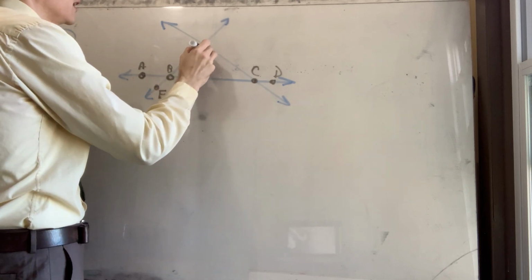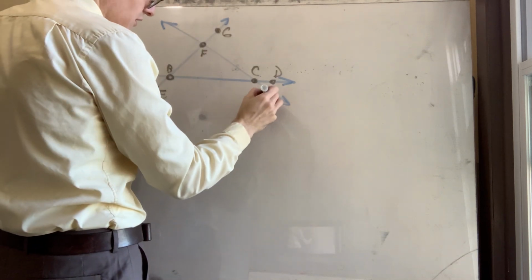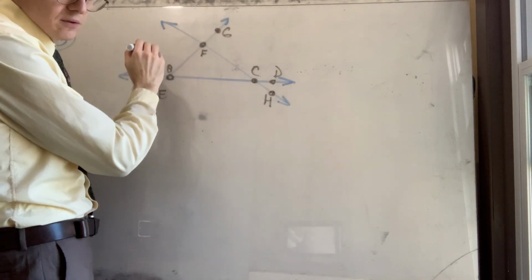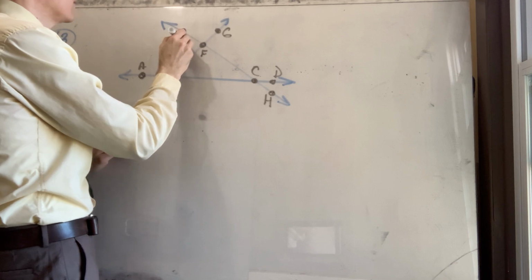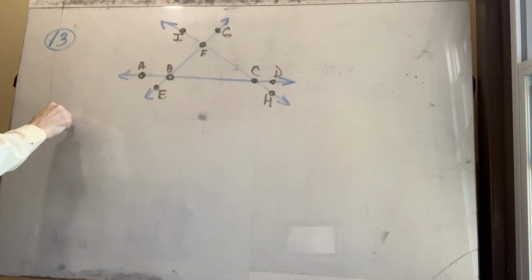And F and G, and lastly you have points H, C, and I. And the question for 13 is this, abbreviated.